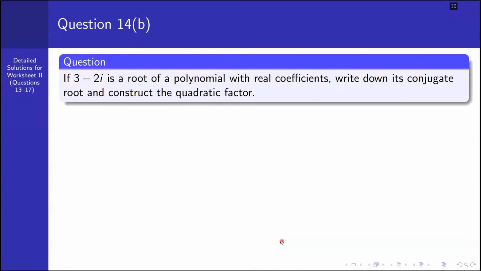Okay, if 3 minus 2i is the root of a polynomial with real coefficients, write down its conjugate root and construct a quadratic factor.